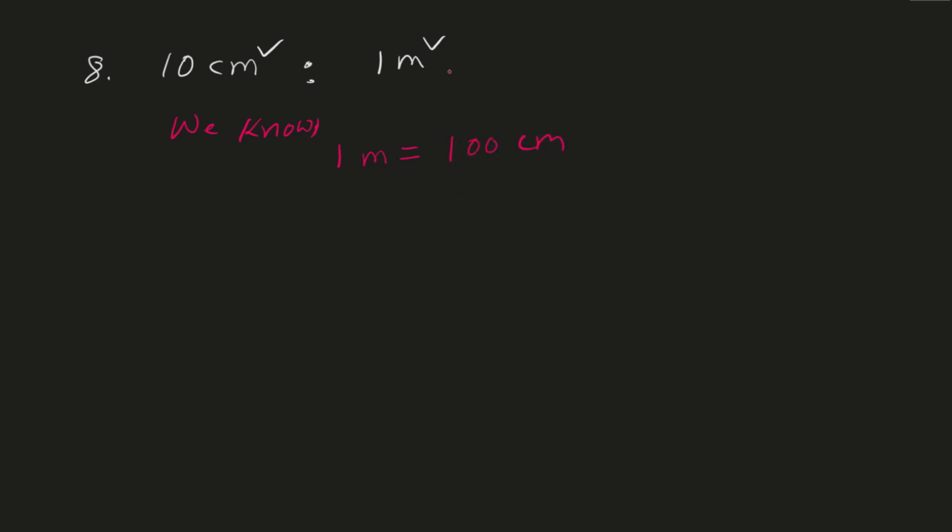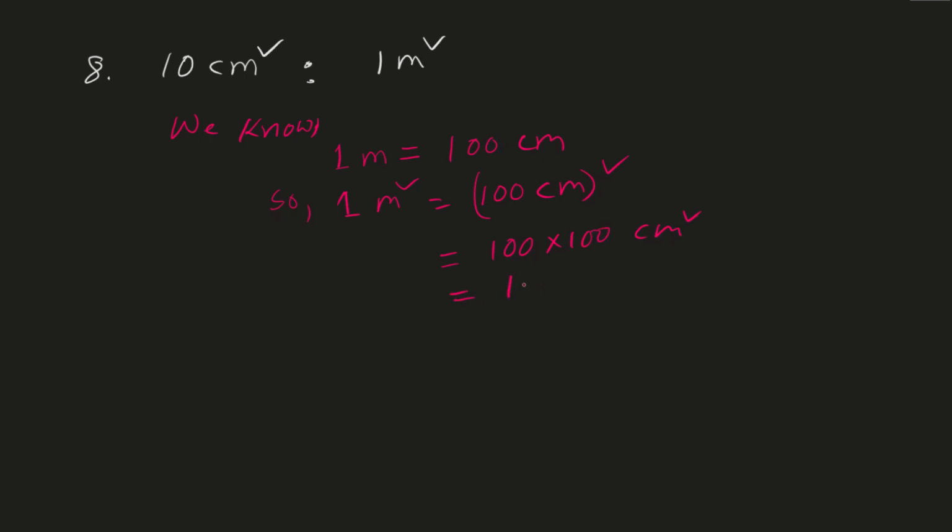What we need is 1 square meter, so we have to make it square. So 1 square meter equals 100 centimeter square. I mean, we have to square this. Both squared means 100 times 100, and we simply write centimeter square, right?